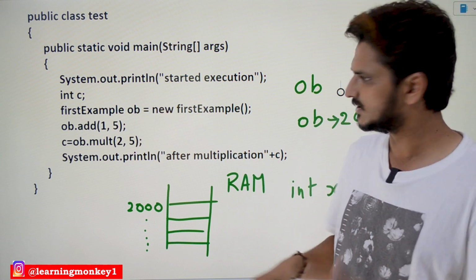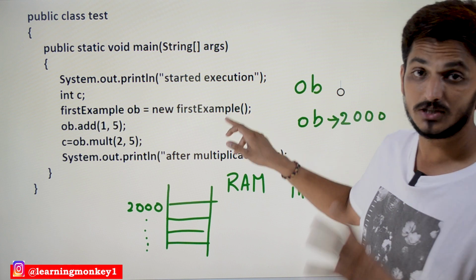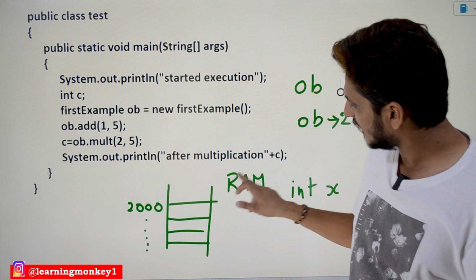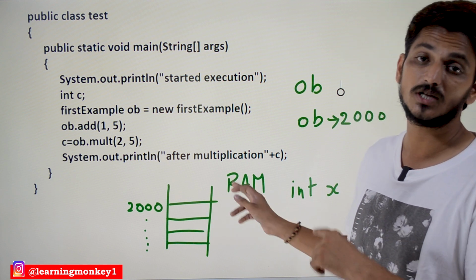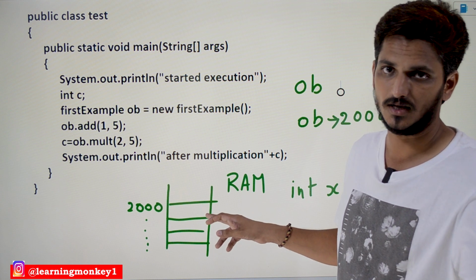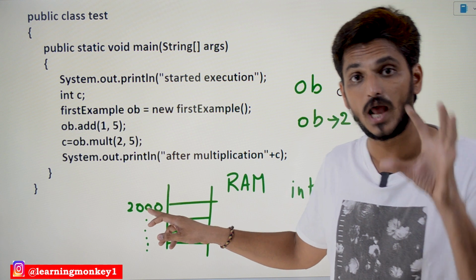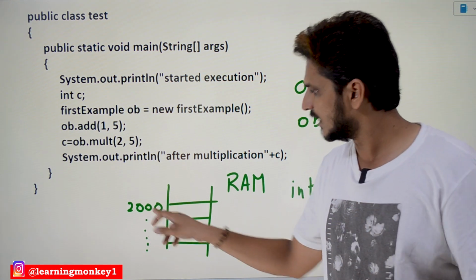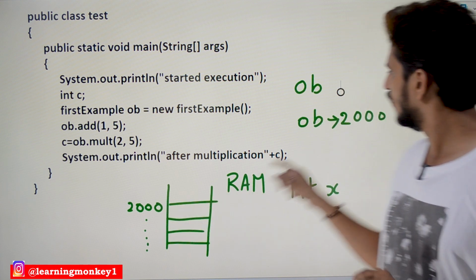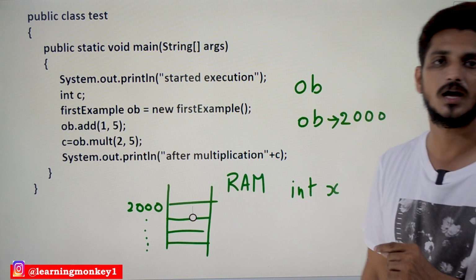Whenever we create this object new firstExample(), it is going to create some memory. Assume that in the random access memory, this visualization of how memory will be, we used many times in our beginning classes, somewhere it is going to allocate memory. Assume that it allocated the location 2000. Now the ob variable refers to the memory location 2000.